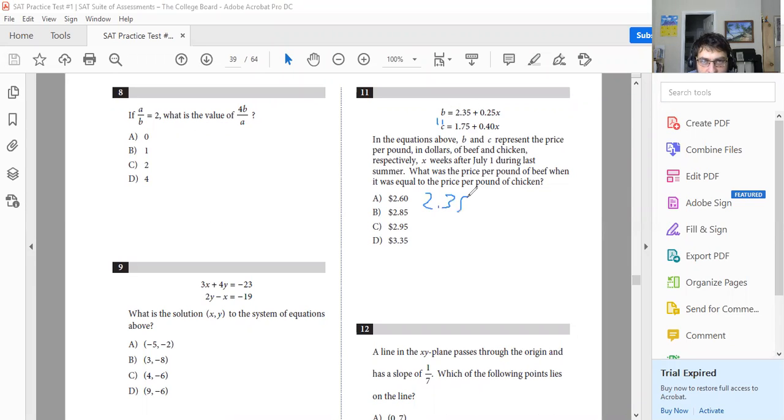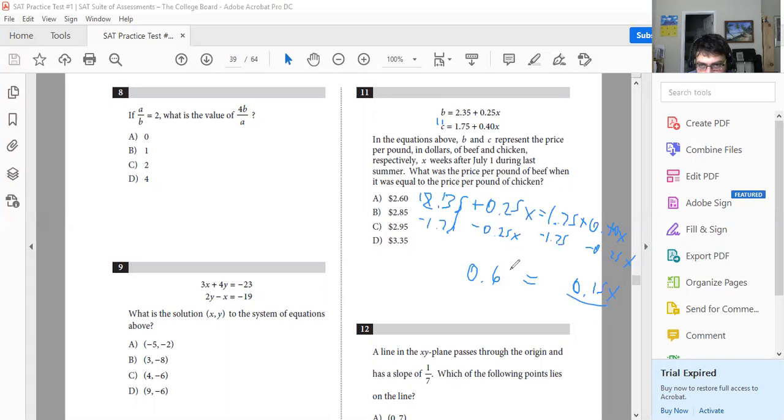We have 2.35 plus 0.25x equals 1.75 plus 0.40x. So if we subtract 0.25x, that's going to be 0.15x. And if we subtract 1.75 from both sides, 2.35 minus 1.75 is 0.6, equals 0.15x.